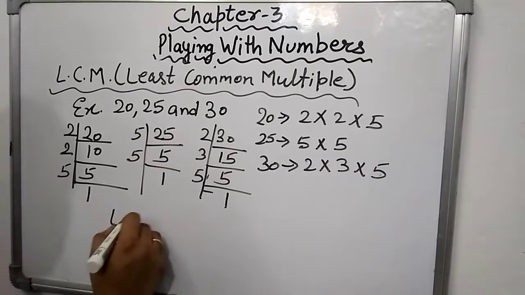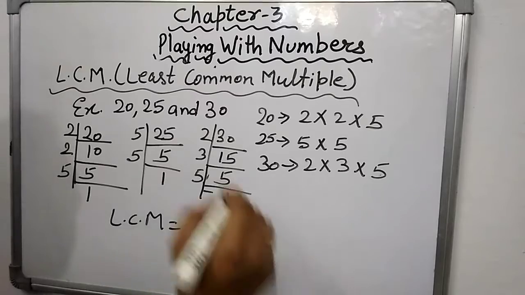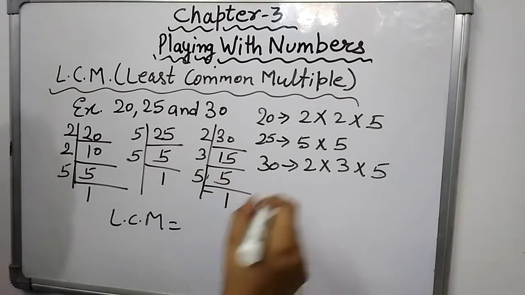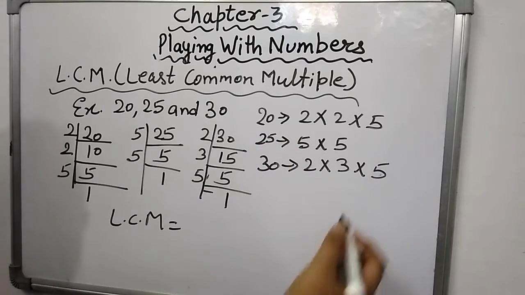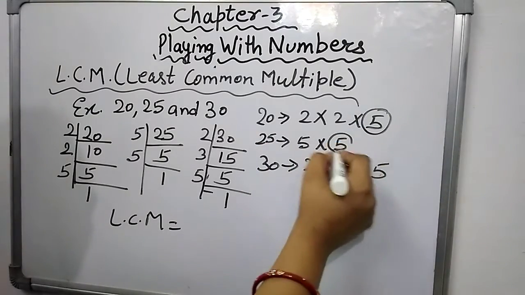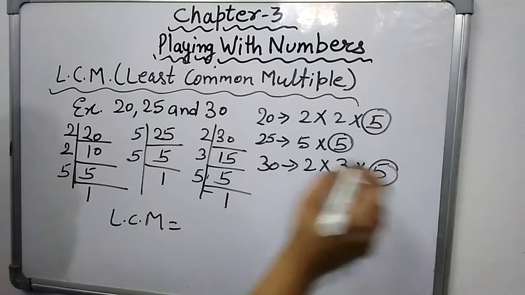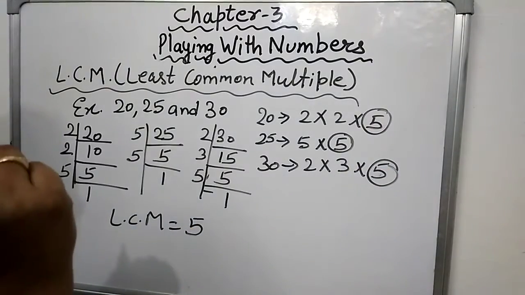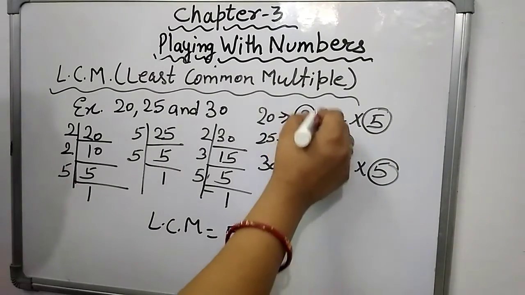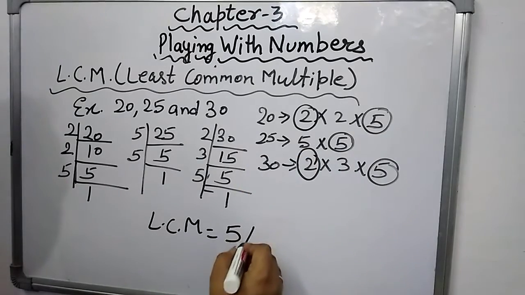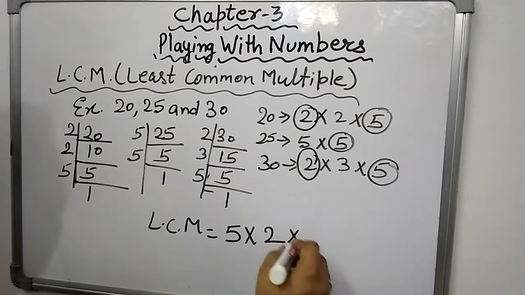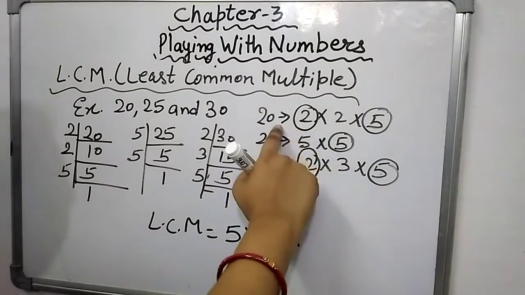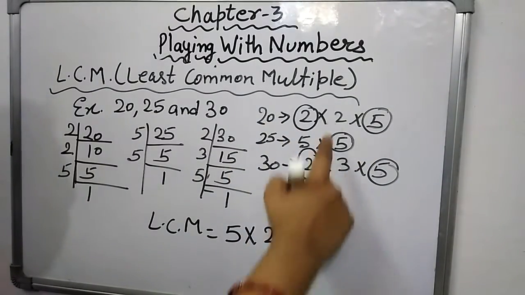Now for LCM, we will first write the common prime factor for all three numbers. 5 is common in all three, so we will write 5 here. Then this 2 is common for two numbers, so we will write this 2 one time. Now, in the factors of 20, we are left with 2, so we will write it here.